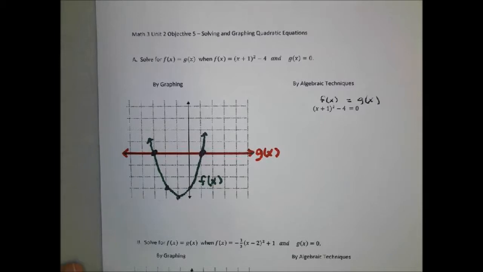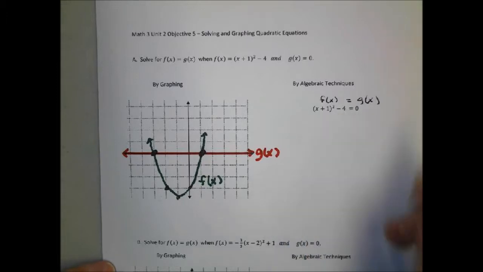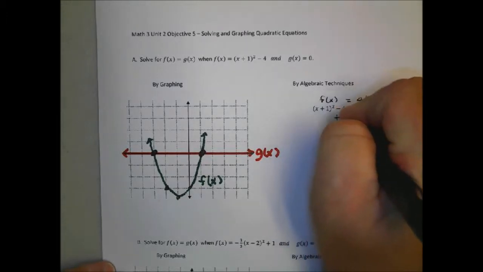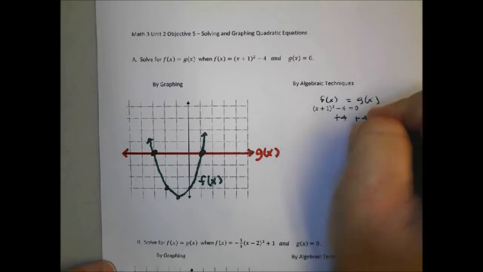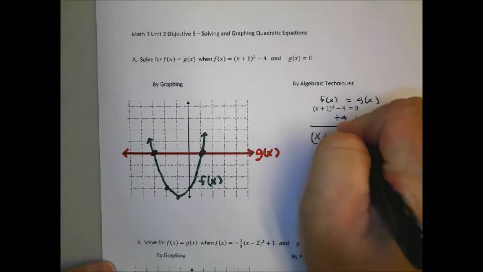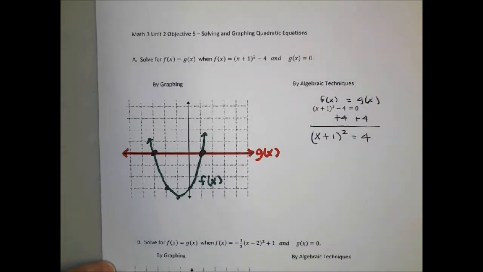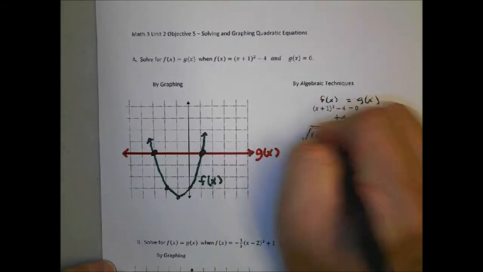So let's go over on the algebraic side and let's do the same thing. Let's solve it algebraically. First thing we're going to do is add 4 to each side. So (x plus 1) squared equals +4. Next step we're going to do is take the square root of each side.